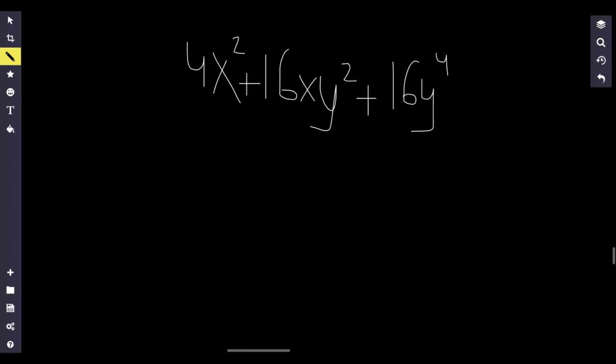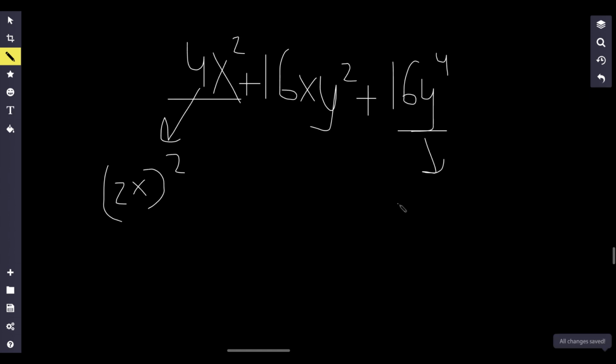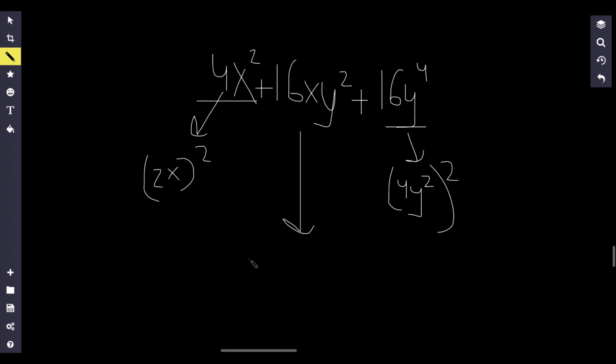So how can we factor this? Notice how you have two perfect squares on the left and the right. So this can be rewritten as 2x to the 2nd power. This can be rewritten as 4y squared to the 2nd power. So this whole thing can actually be rewritten.